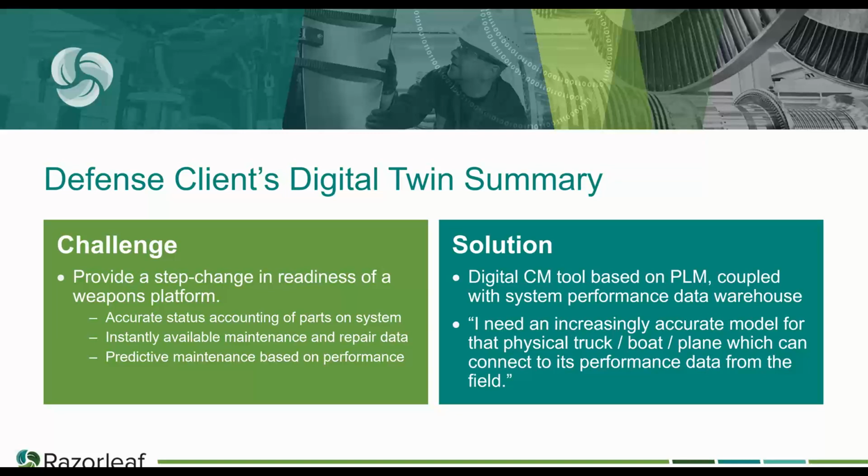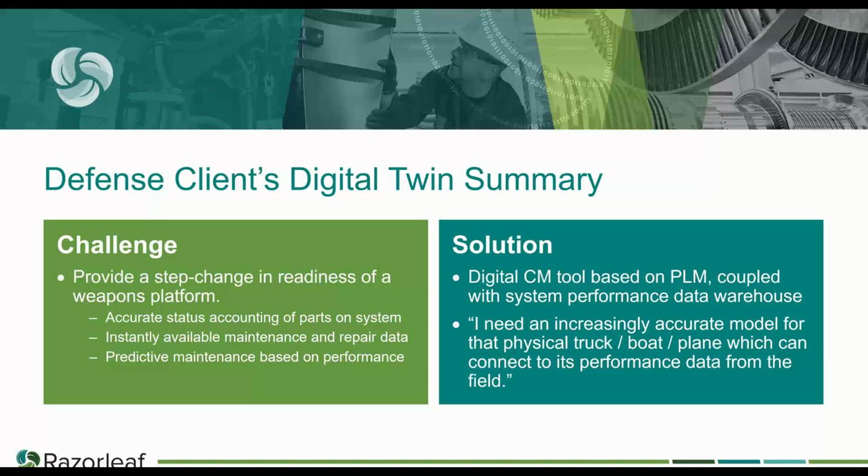That they'd say, all right, well, that one's running hot, or that one's been in service, or whatever. They could know the performance of a particular unit. What they were going for here is an increasingly accurate model of that particular instance that was connected to performance data so that they could solve the challenges I mentioned on the left.